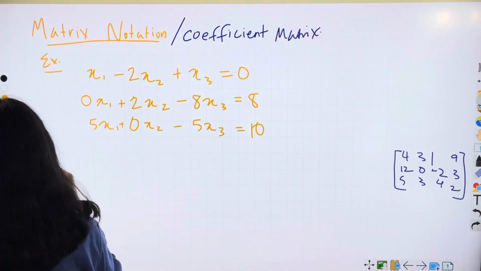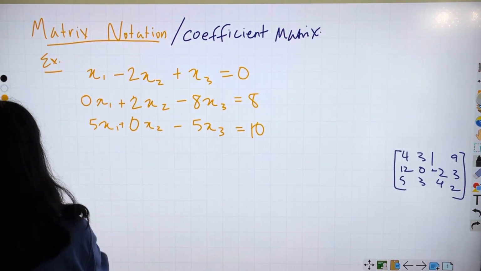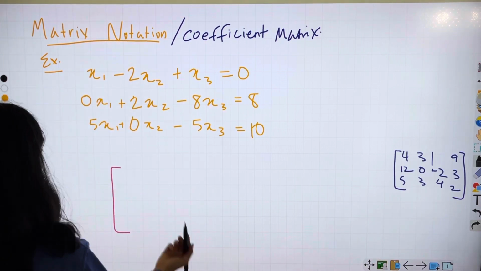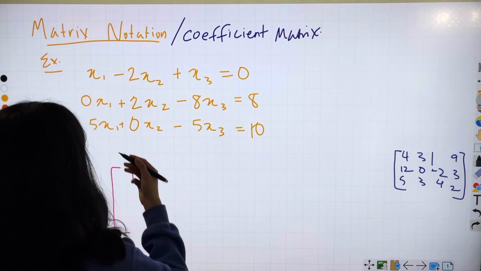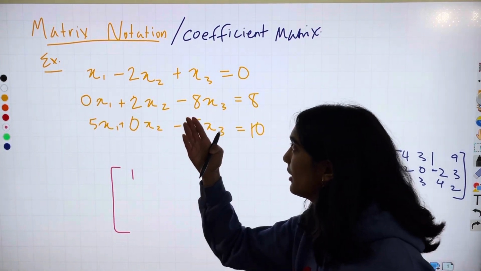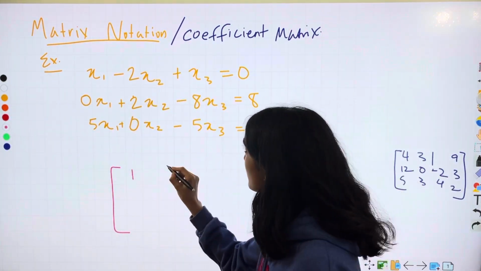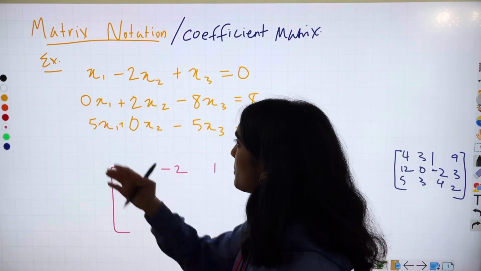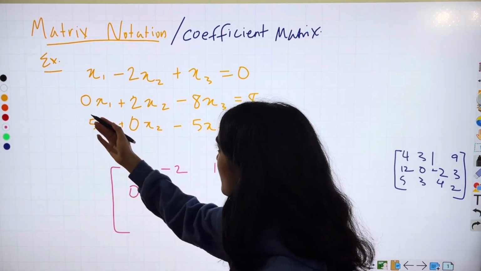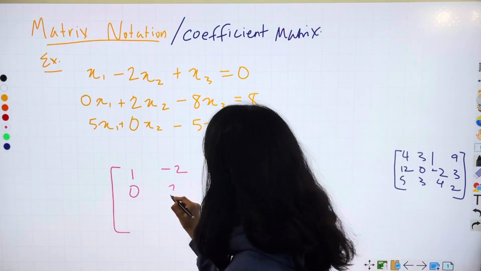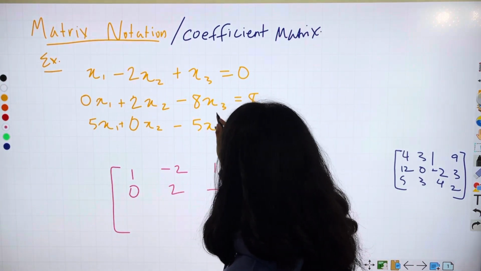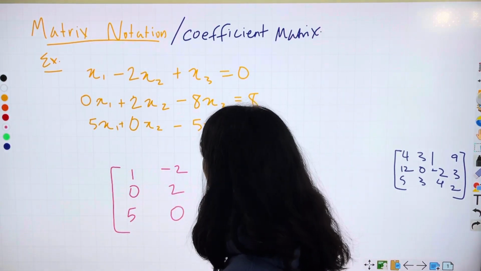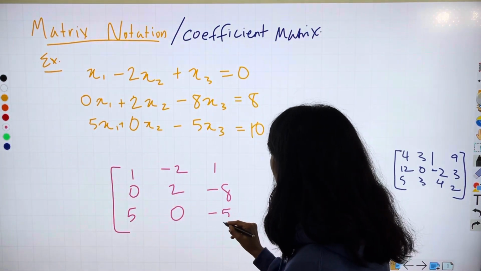We have 1 as our coefficient for x1, -2 as our coefficient for x2, and 1 as our coefficient for x3 in our first equation. We have 0 in front of x1, 2 in front of x2, and -8 in front of x3. We have 5 in front of x1, 0 in front of x2, and -5 in front of x3.